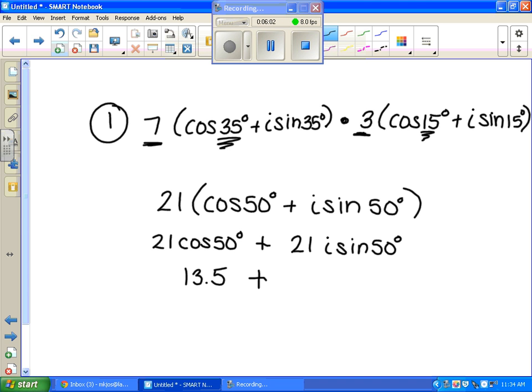Now, you should do 21 sine of 50 on your calculator and see what you get. You should have gotten 16.1. You need the I at the end so that it's a complex number. So the final answer for number 1 is 13.5 plus 16.1i.